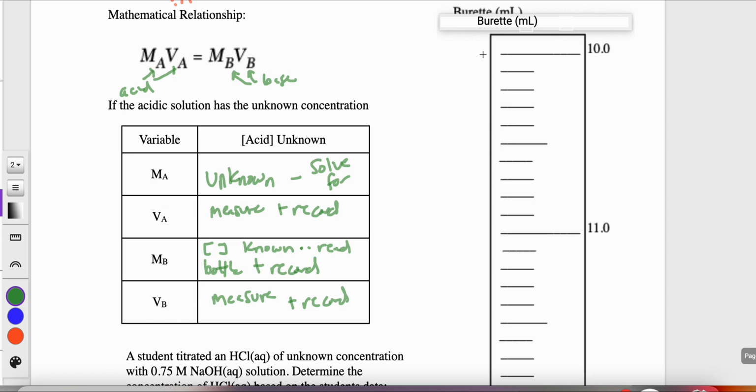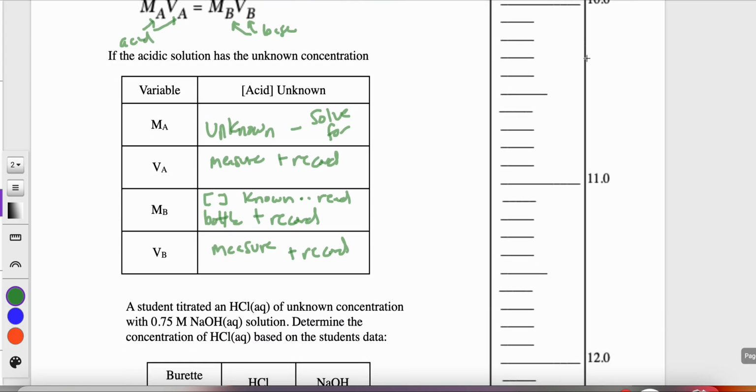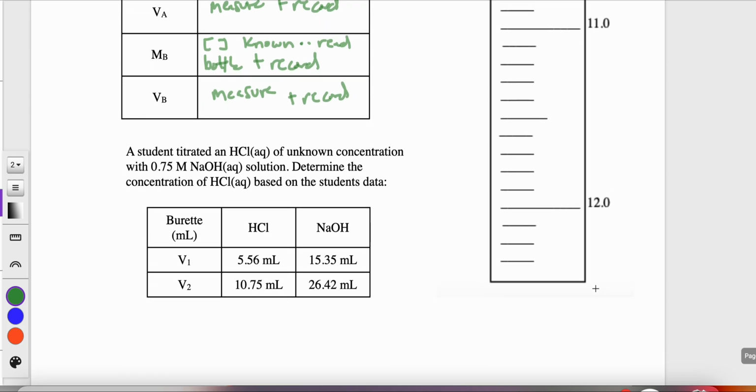Now, the way that we are going to determine the volume of the acid used and the volume of the base used is a piece of equipment called a burette. The way it works is if you notice up near the top of the burette, you have your smaller numbers, and as you look down it, you see the numbers become larger.